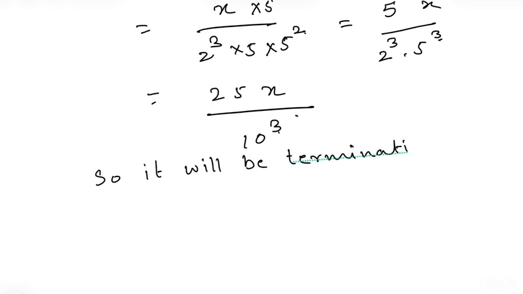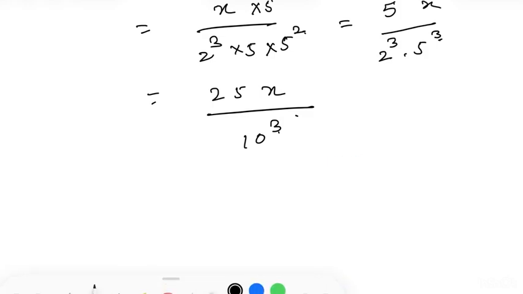So decimal expansion, we may write in the same language as asked in the book. If it terminates, this question was, how many decimal places will its decimal expansion have?